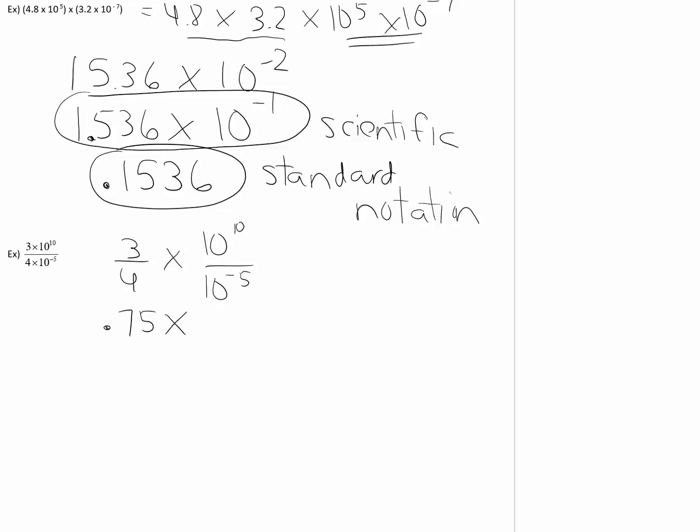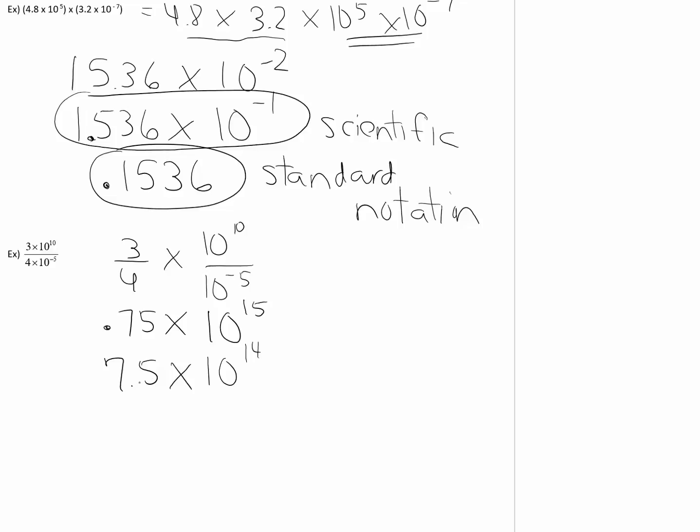Now, when I divide exponents, I subtract the powers. So 10 minus a negative 5, that's 15. So that's 10 to the 15th. So this is too small to be in scientific notation, so I've got to move the decimal point 1 to the right. So when I do that, I've got to subtract 1 here. So that's 10 to the 14th.